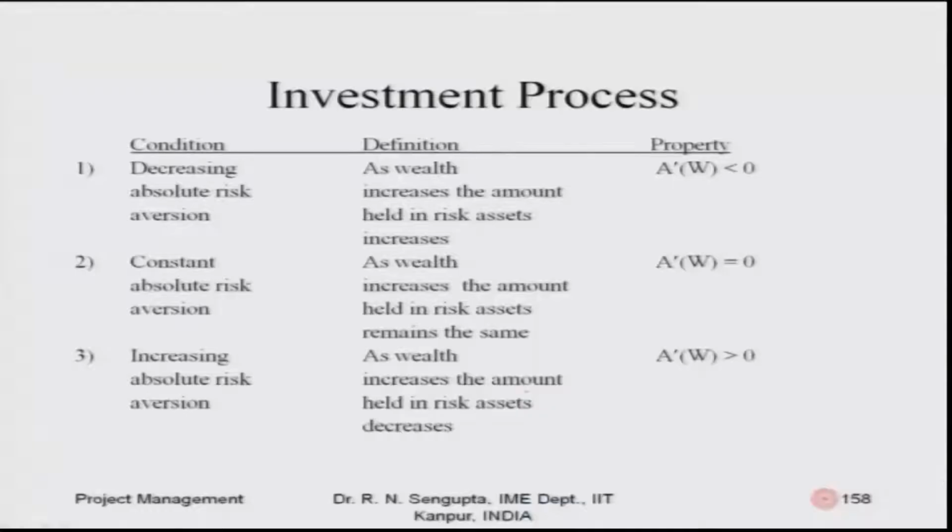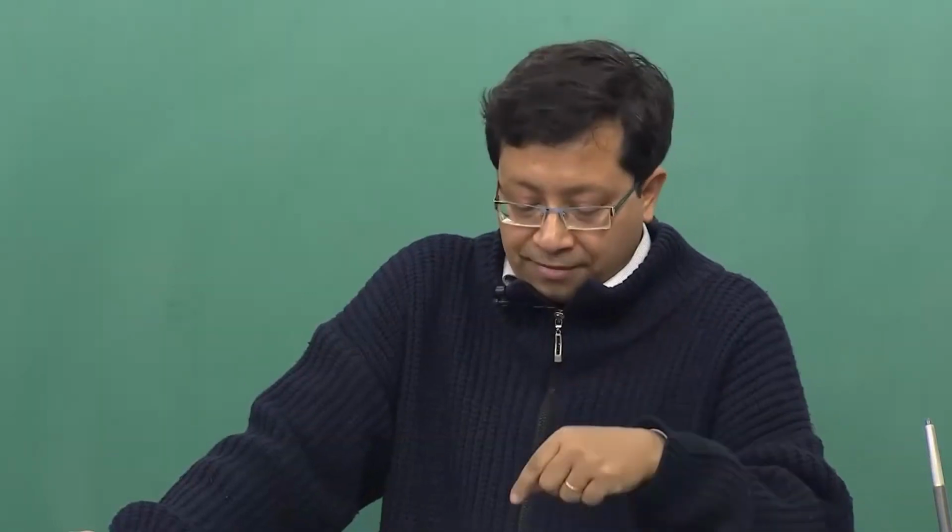Because if you read that statement, as wealth increases, the amount held in risky assets increases, which means I am willing to hold more and more of my overall portfolio of the project, of the investment, whatever it is, in risky assets. So, which means I am willing to take the risk.